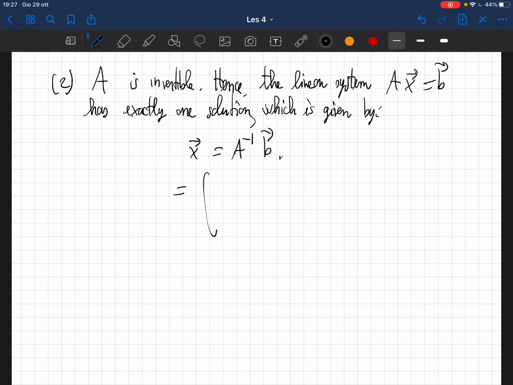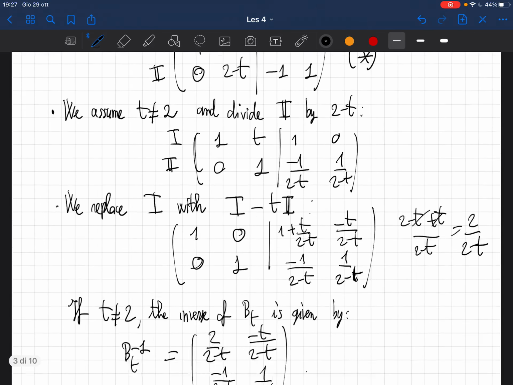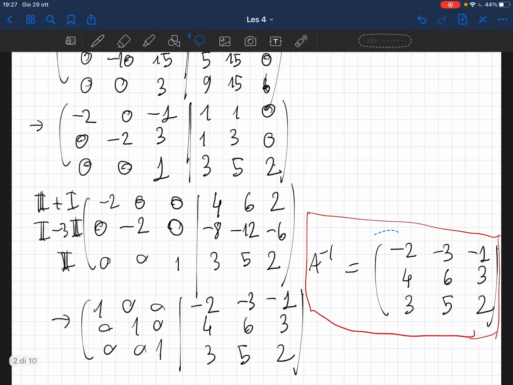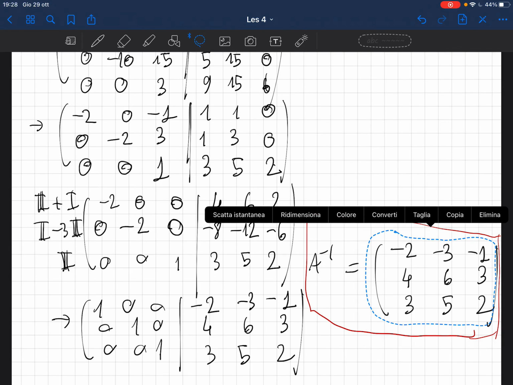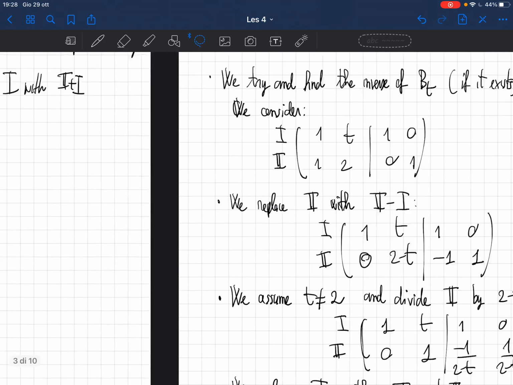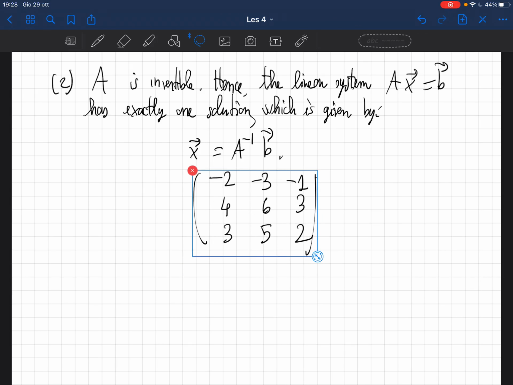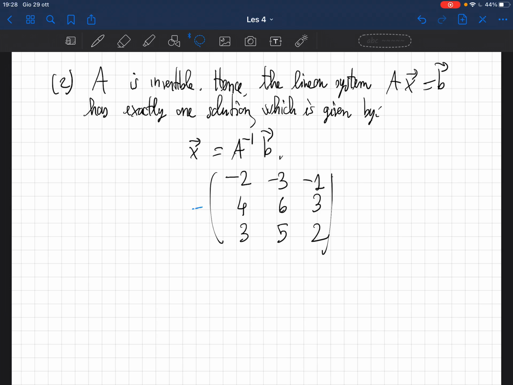So let's do the computation here. Let me just copy this matrix. Okay, this is the inverse.